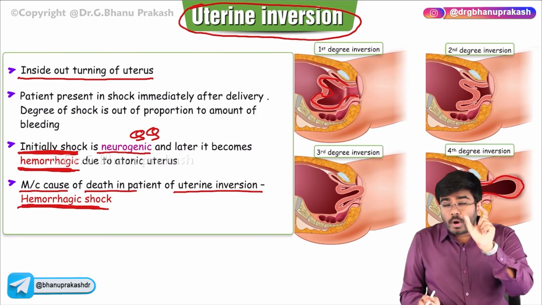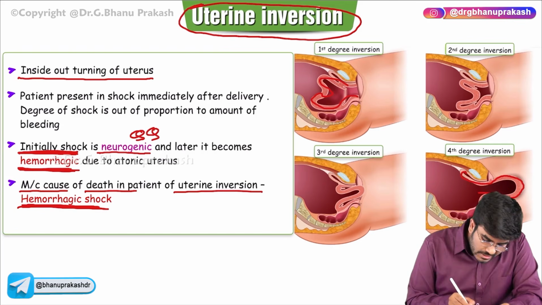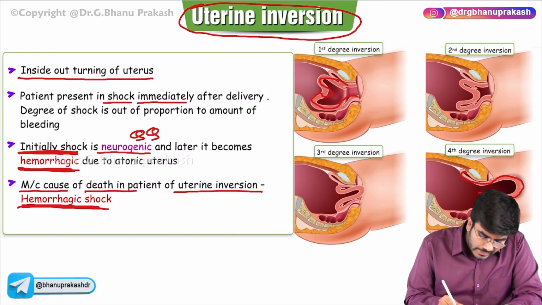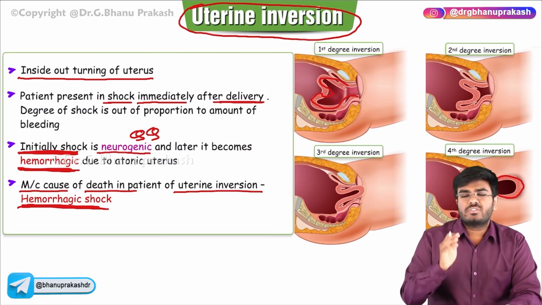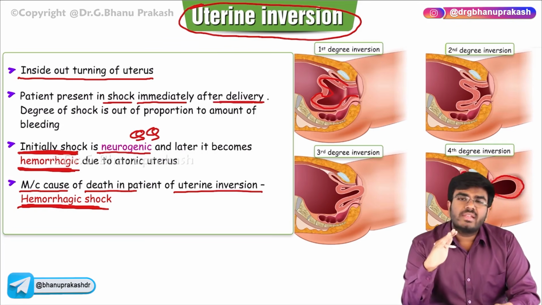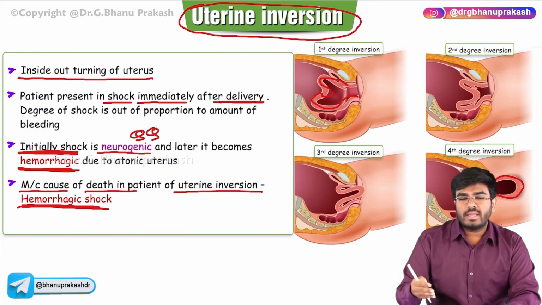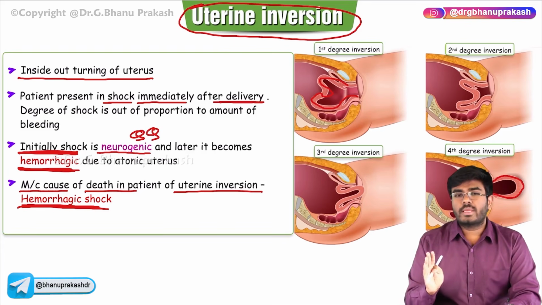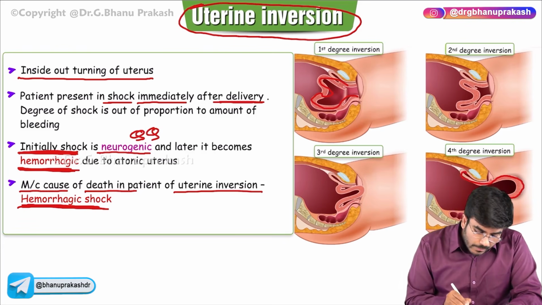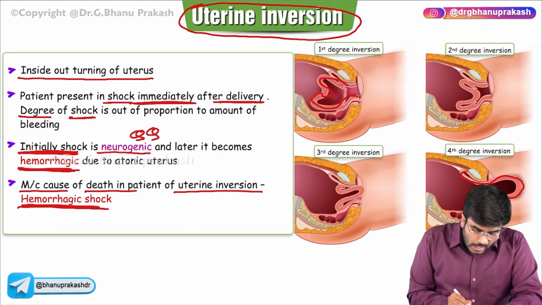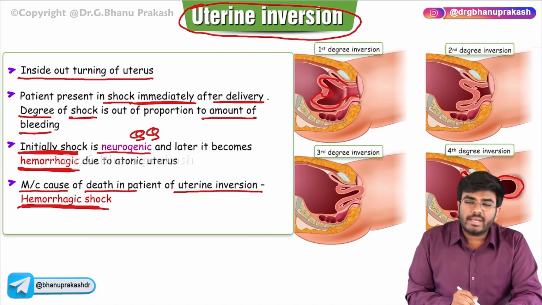Okay, now important word, please concentrate. A female is going to present with shock immediately after delivery. Actually, after delivery, if there is shock, the most common cause is postpartum hemorrhage. But if they use these words, patient presents with shock immediately after delivery, degree of shock is out of proportion to the amount of bleeding.